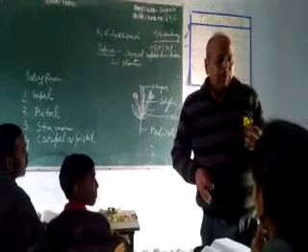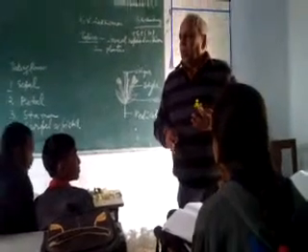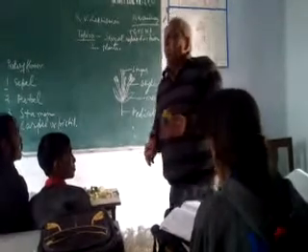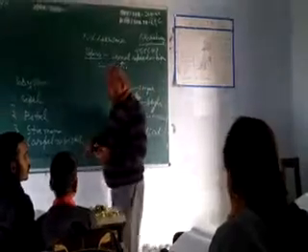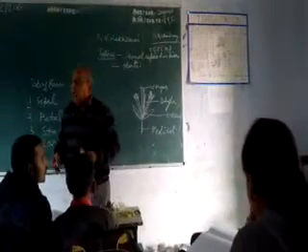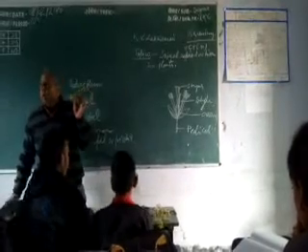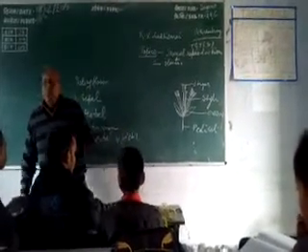In this way, this is the most attractive part of the flower. So by the attraction, insects are attracted toward the petal and fly from one flower to another flower, and this is very important for pollination.